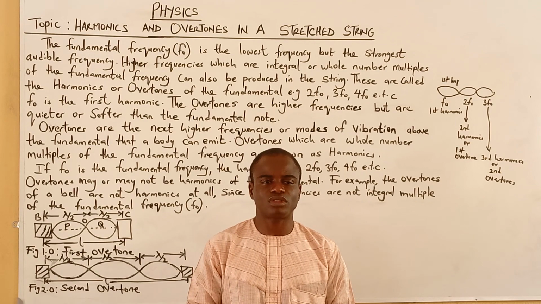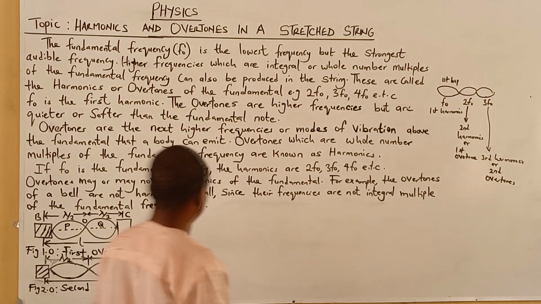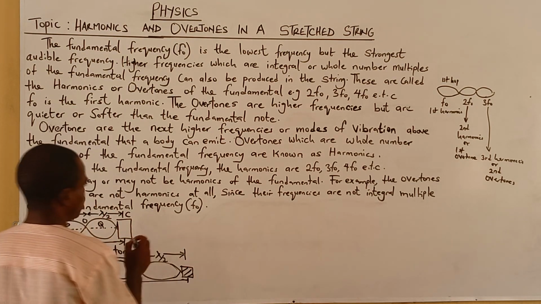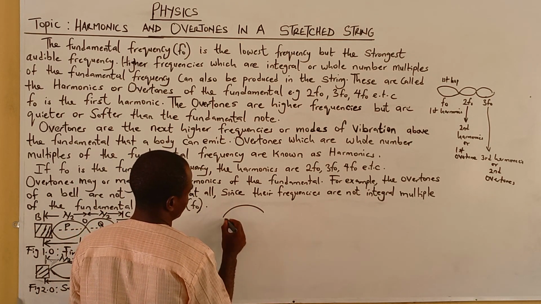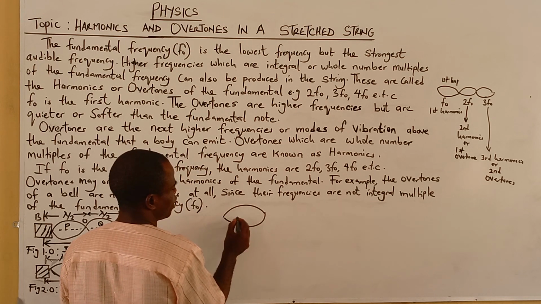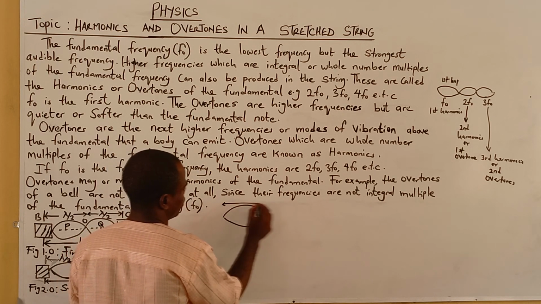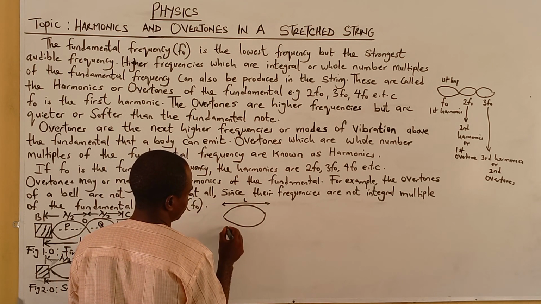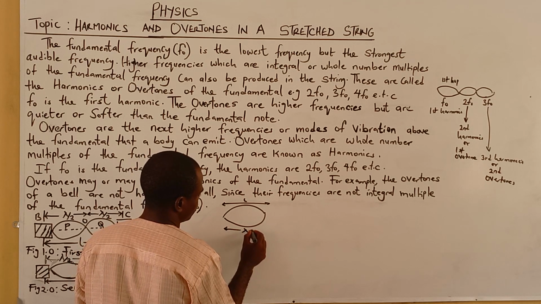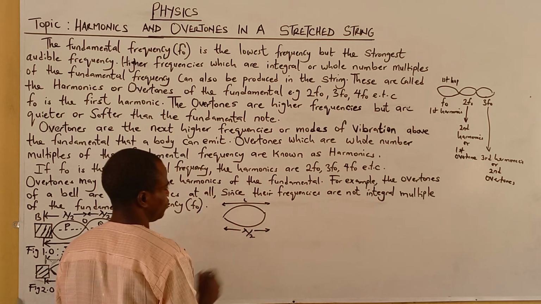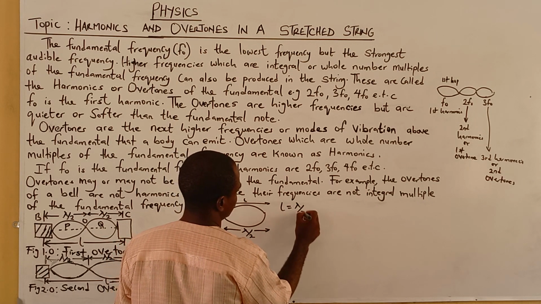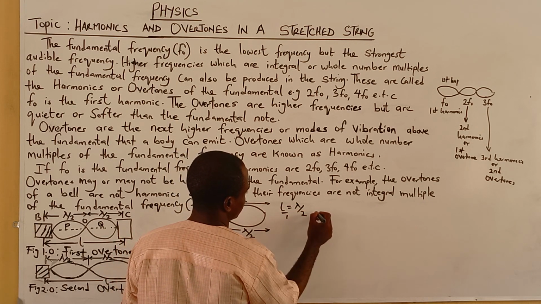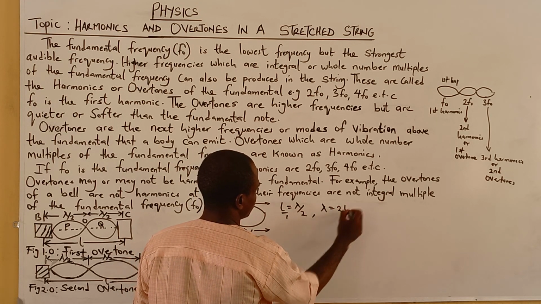Please, let's take note. Let's analyze our diagram. I told you that the first loop that you have, from here to here, which is L, is lambda over 2. That gives L equals lambda over 2, multiply through, lambda equals 2L.